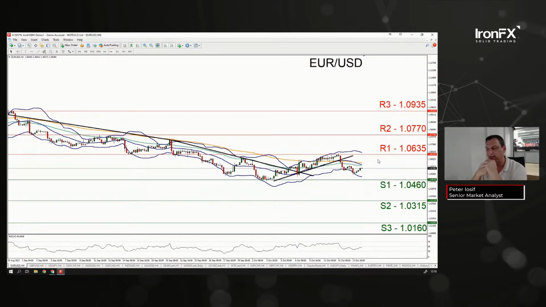On the other hand, on the Euro side, I have to note here a couple of issues. We definitely would be noting the meeting of the Eurozone's finance ministers.